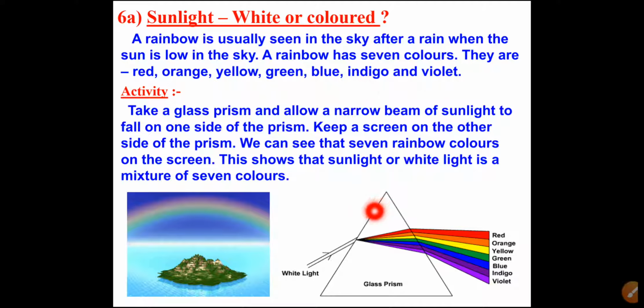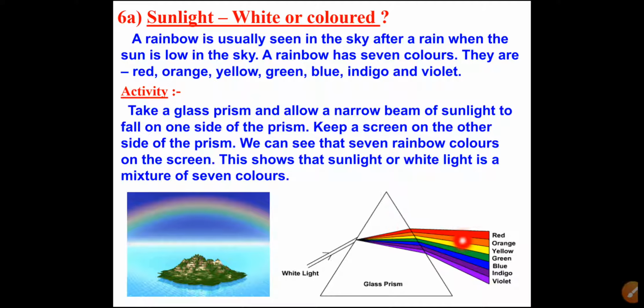So here an activity is given to check all these colors. All the 7 colors are shown. This one is a prism, and when the light passes through the prism, the light gets split into different colors: red, orange, yellow, green, blue, indigo and violet, which shows the rainbow formation. So from this you can come to know that white light falls on the prism, but when it comes out of the prism we can see all the 7 colors.